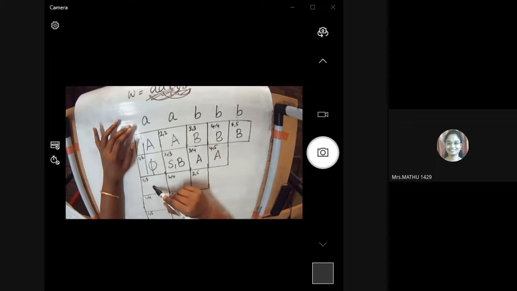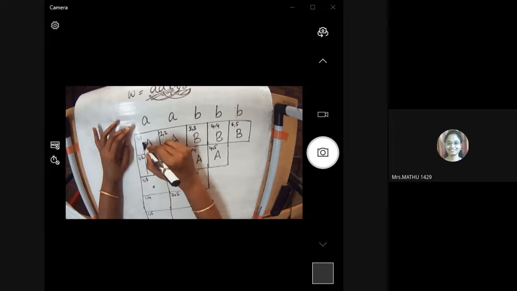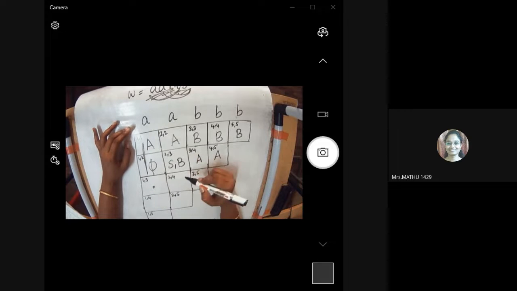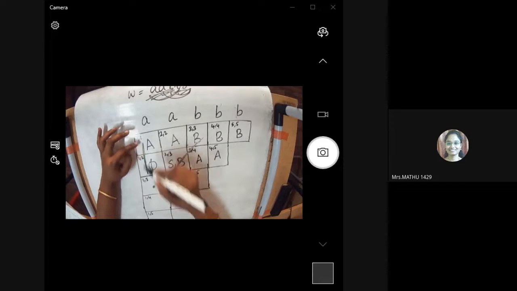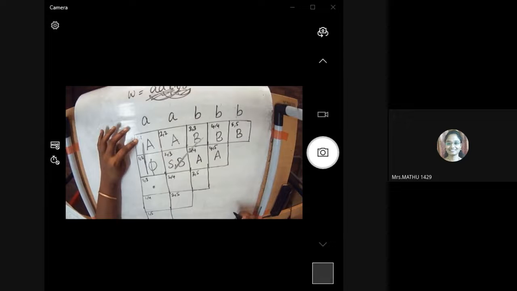So for this particular cell, what are the variables present just above it, and what are the cells present on its diagonal? So you just write it like this.